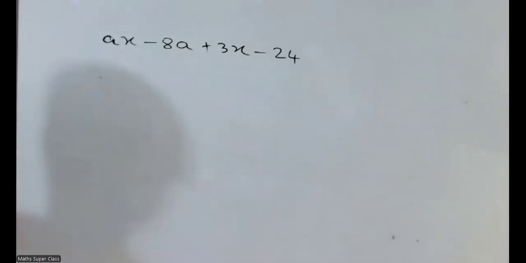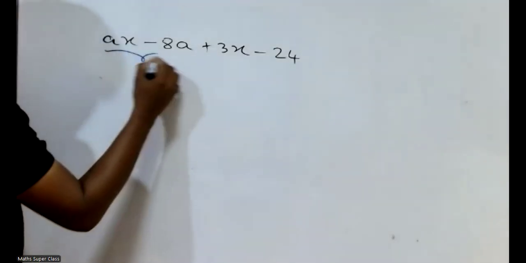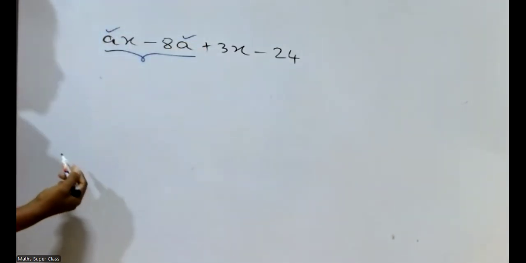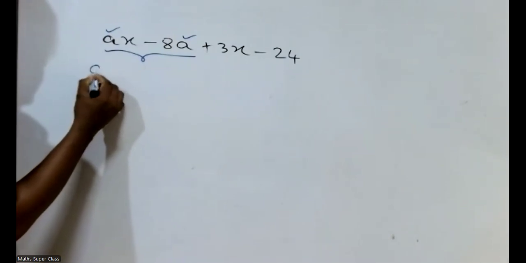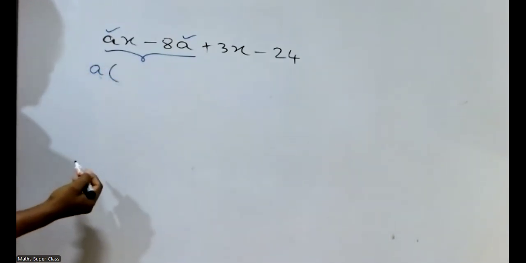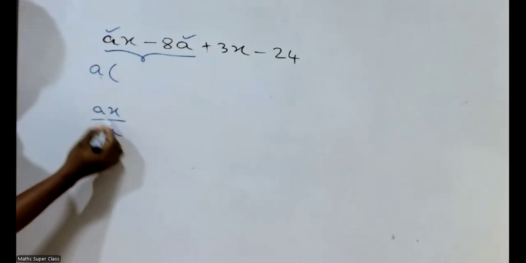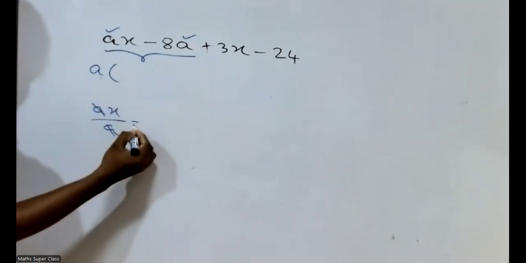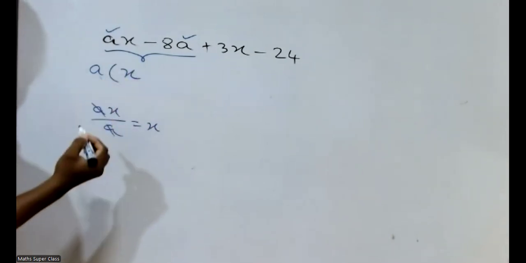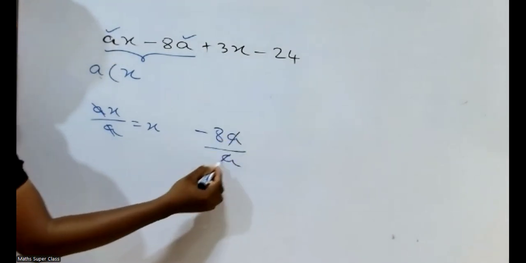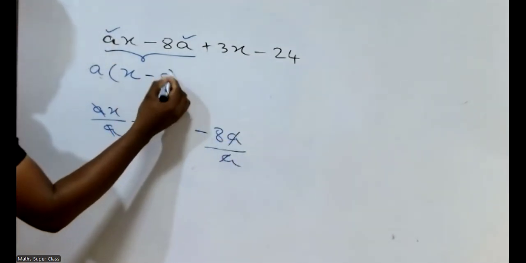Keep your eyes on the board. Here we can see a, so we can take a as the common factor. ax divided by a should be x. Minus 8a divided by a should be minus 8.